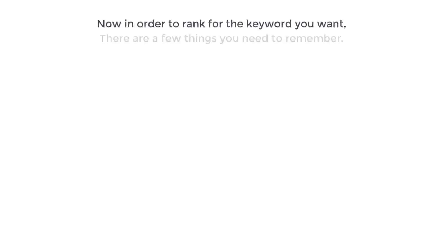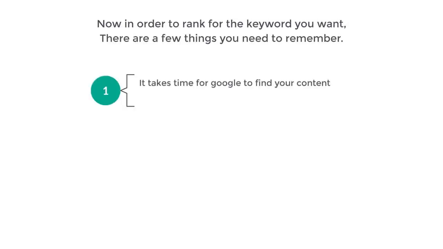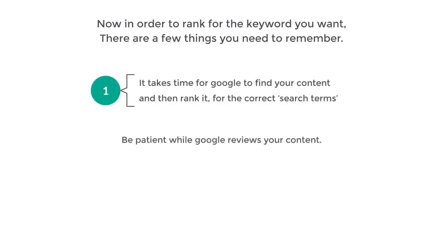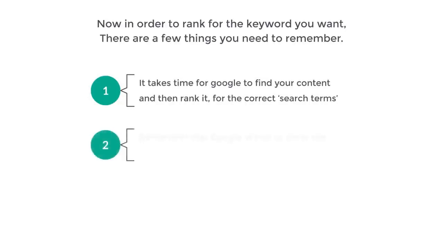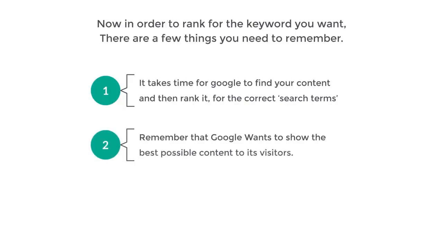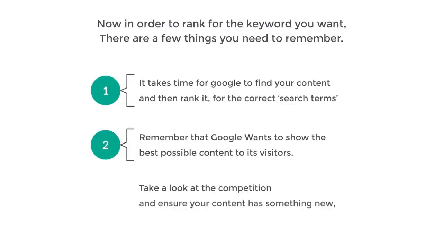Now, in order to rank for the keyword you want, there are a few things you need to remember. Number one, it takes time for Google to find your content and then rank it for the correct SEO terms.